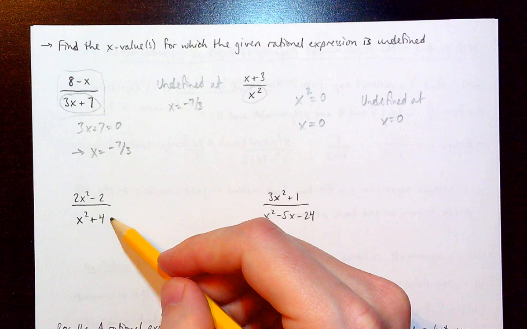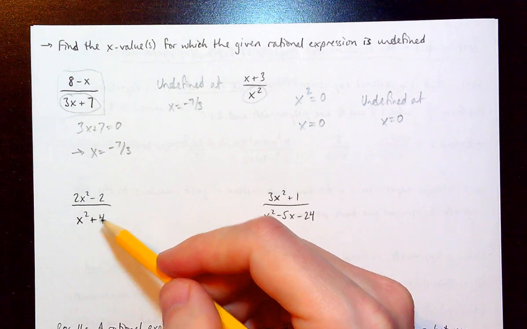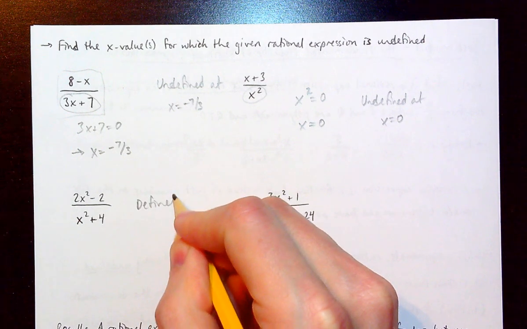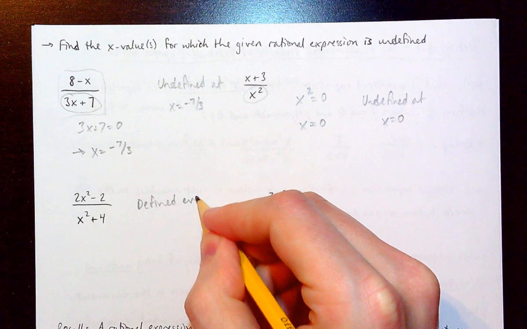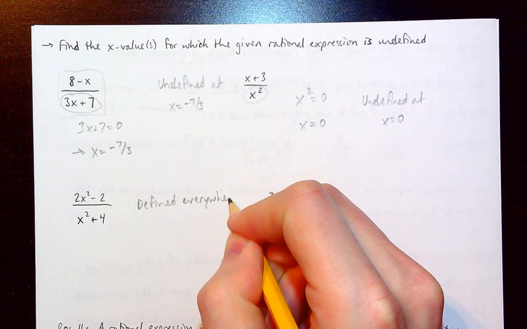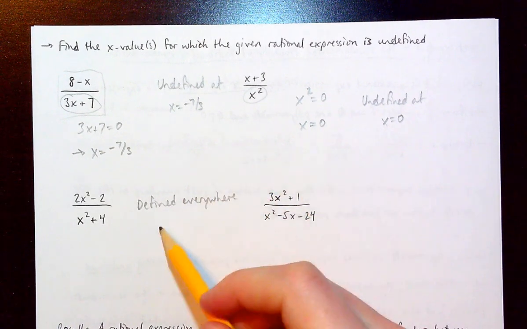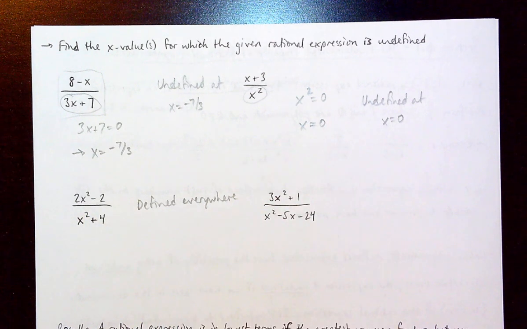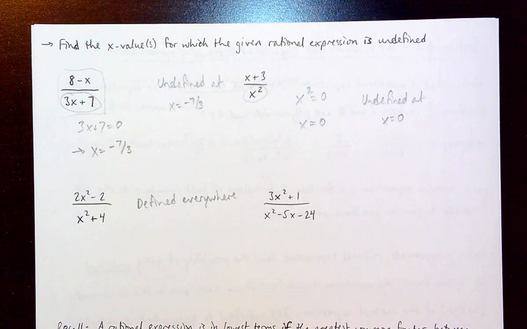There are no x values that will make this thing equal to 0. So this guy is defined everywhere. That is to say, we can take any x value whatsoever and plug it into this thing, and we will get something out. But I'll let you try this one here on your own.